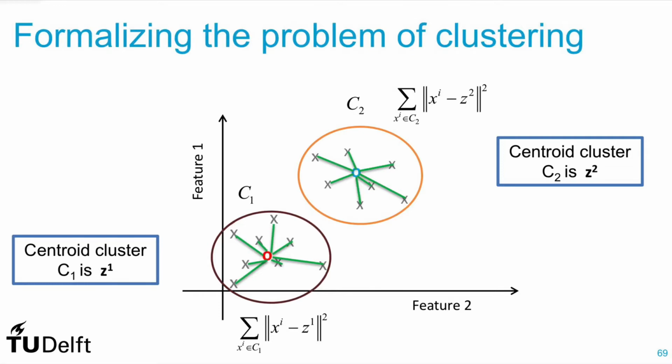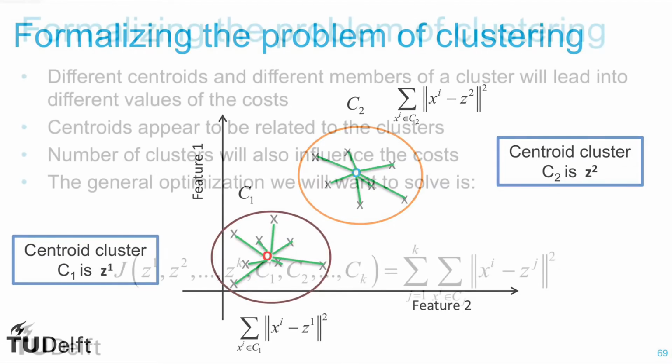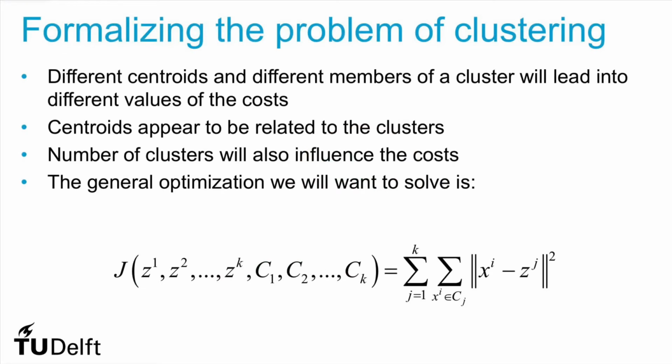And the sum of the distances will be the sum of all those green lines that you see over there. So you can imagine that when selecting different centroids, or actually selecting different members for the clusters, we will have different values for the cost function.